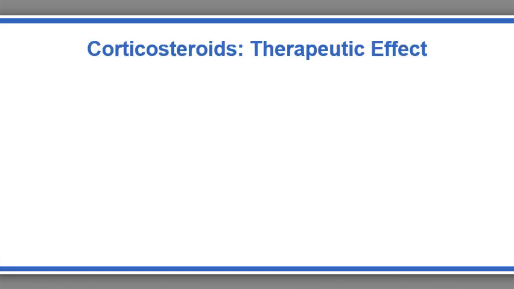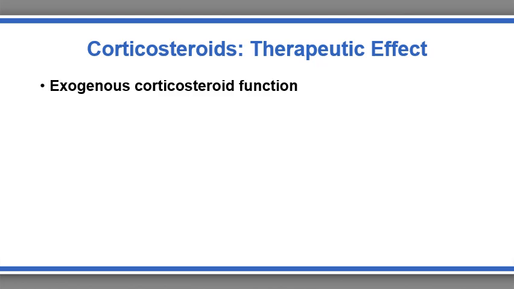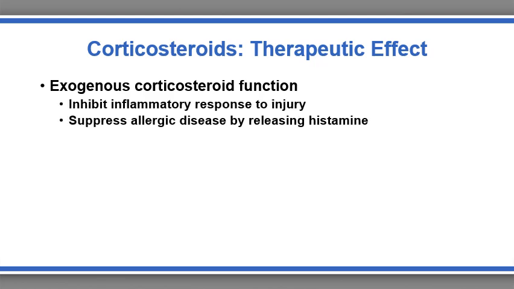In examining the therapeutic effect of corticosteroids, as we had talked about, we're now referring to exogenous corticosteroid function and what that means to the body. We know that our body naturally does have endogenous corticosteroids, which also work to inhibit the inflammatory response and suppress allergic disease by releasing histamine.